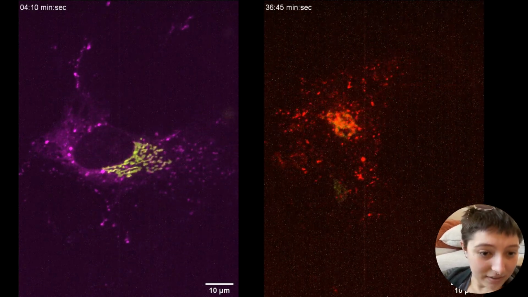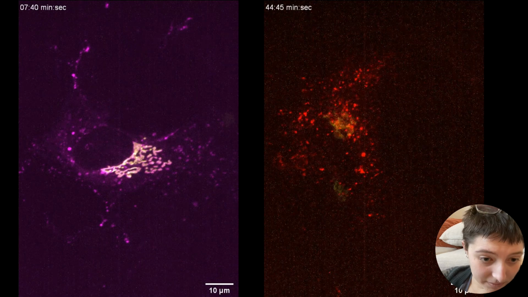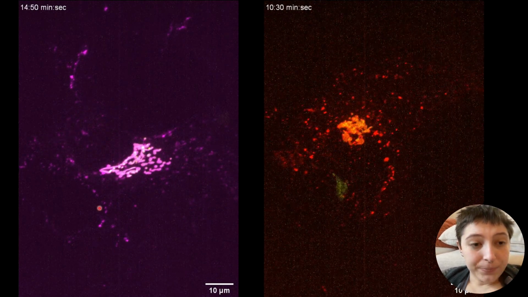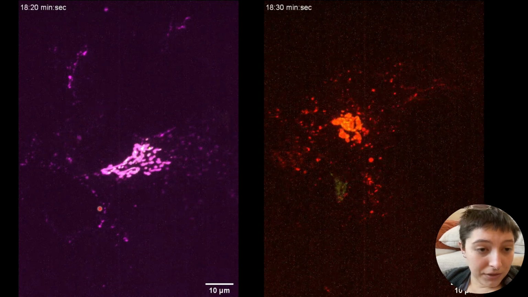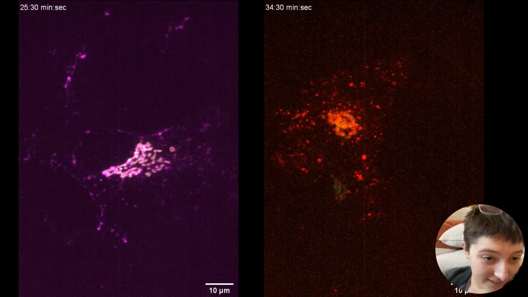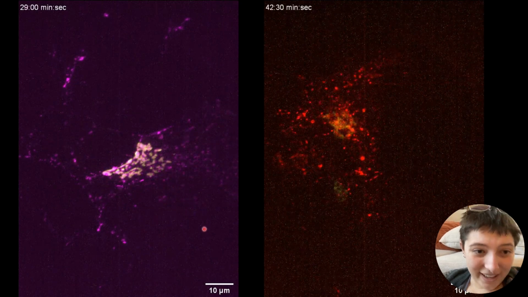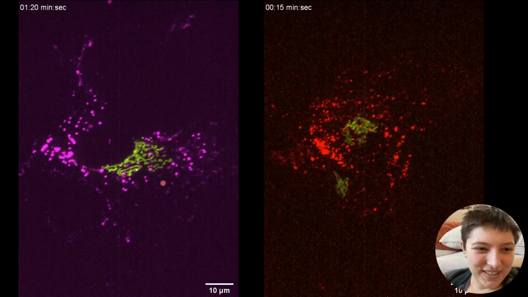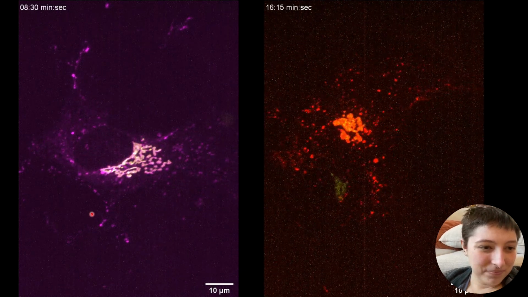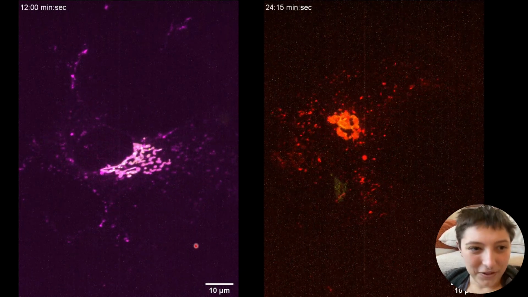And in... oh, I don't have my pointer on, I'm sorry. In this video, you can actually see the cargo leaving, like right there. So it's pretty cool or interesting to see the dynamics of the cargo.